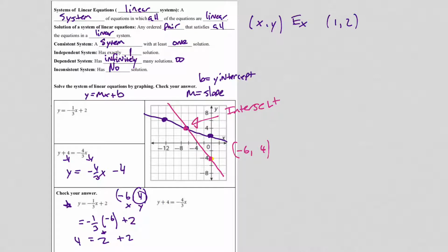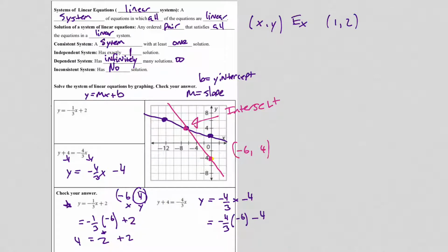And what about this one? Let's show its slope-intercept form. Now let's plug in, again, a negative 6. Negative 4/3 times the negative 6 minus 4. 6 divided by 3 is negative 2.